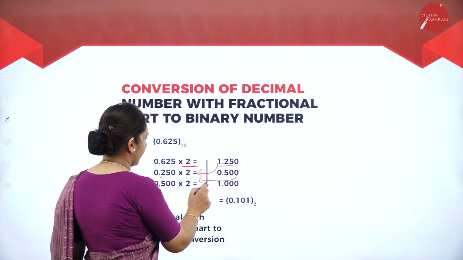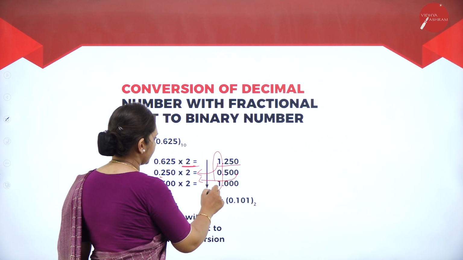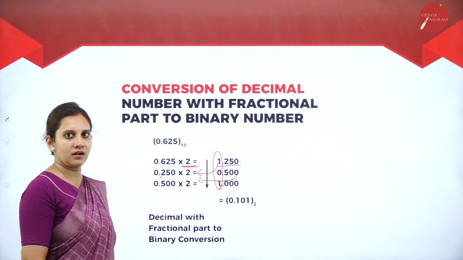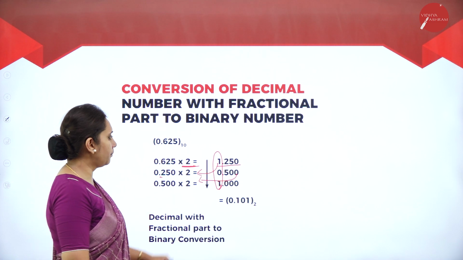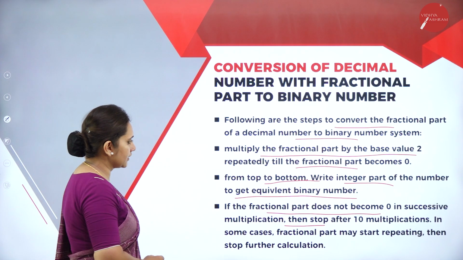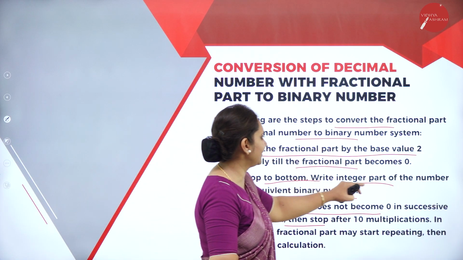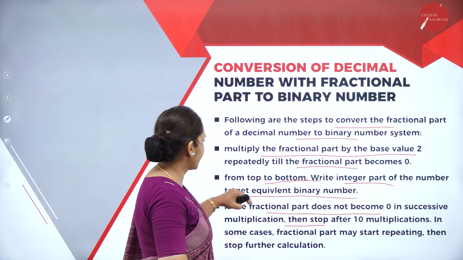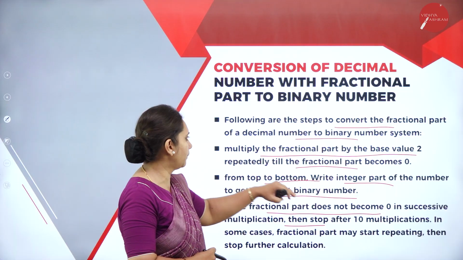Again the 250 I'll be multiplying. Again I'll be multiplying. So this we call it as what? The integral part. What we call the integral part, I'll be writing from top to bottom. That is what in the steps, from top to bottom, write the integral part to get the equivalent binary number.